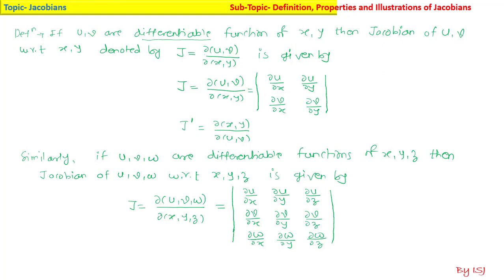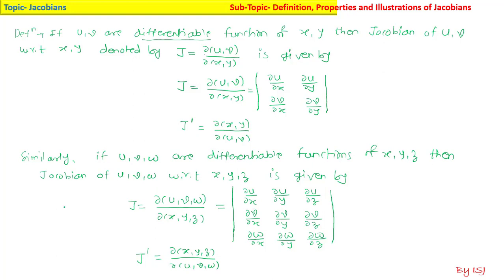And if you are denoting it by J, then J dash will be what? Automatically its inverse, that is ∂(x,y,z)/∂(u,v,w).